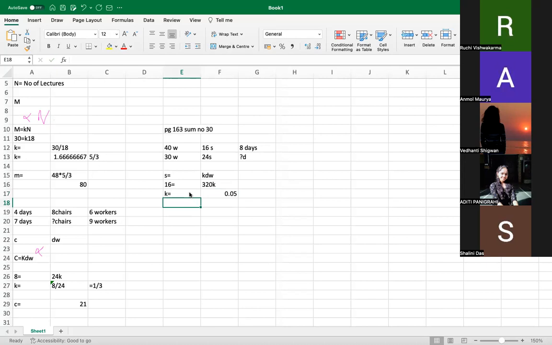Can I apply the same thing here? Yes, ma'am. 24 is equal to 0.05 into 30 T. So D is equal to 24 by 0.05 into 30, that comes to 411.